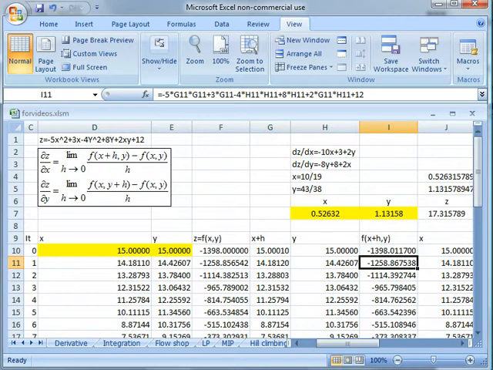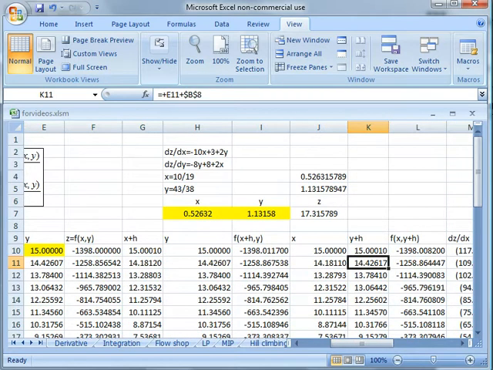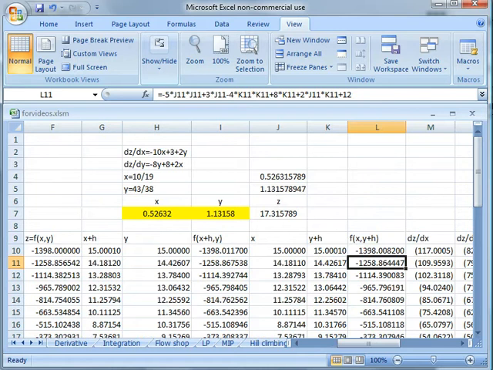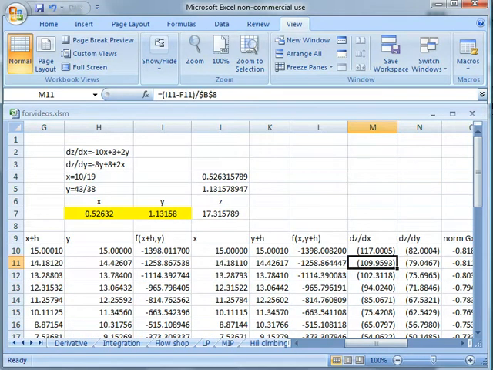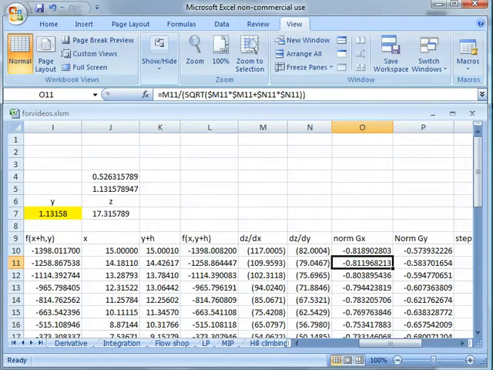I compute f of x plus h comma y, and I also compute f of x comma y plus h, and with those two vectors, again, I can compute the gradient, which is these two columns here, or partial derivative of z with respect to x and partial derivative of z with respect to y. And again, you see the vectors are changing a little bit, and the normalized vector is similar, but it is not exactly the same number, of course.